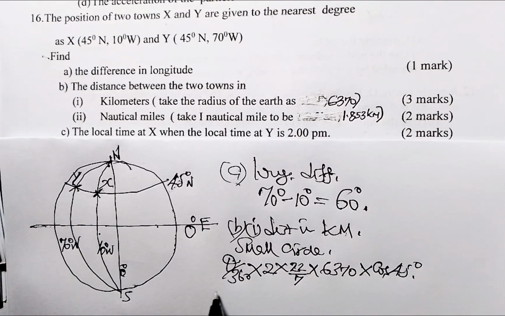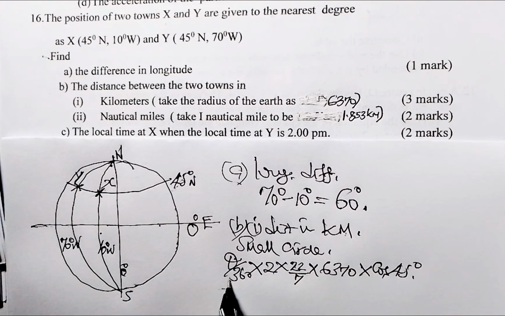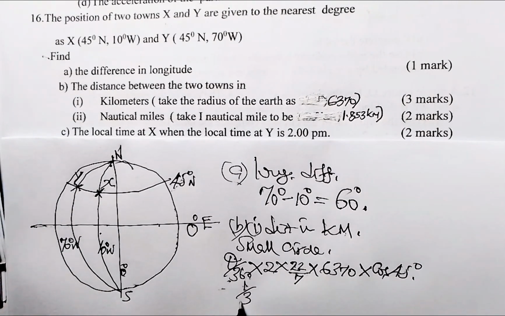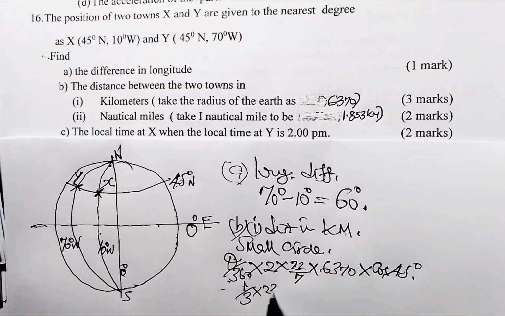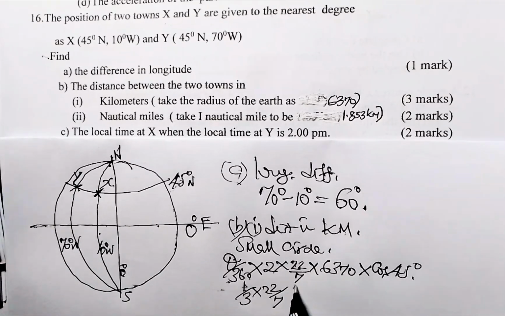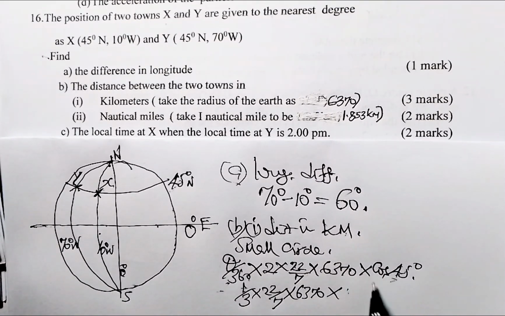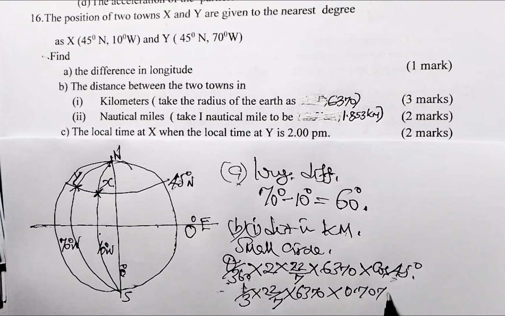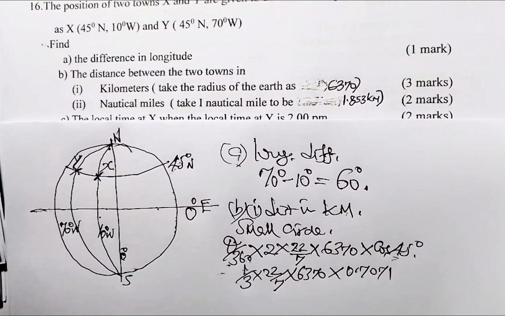So this gives us 60 over 360. When you substitute here, you'll get 60 over 360 times 2. So this is 1 over 6 times 2. This gives you a third, times 22 over 7 times 6370 times cos 45, which is 0.7071 from your calculator.